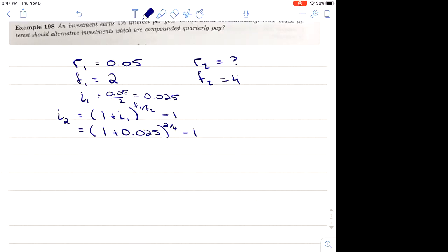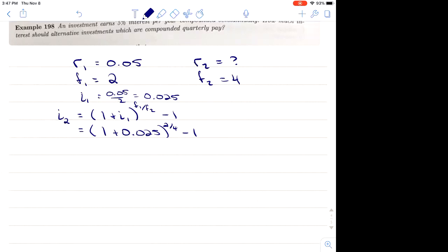Even though we can do 2/4 in our heads and just simplify it that way, I just always do it in my calculator, because sometimes it's going to be a little bit harder. Moving from biweekly to daily, for example, gets a little messy.